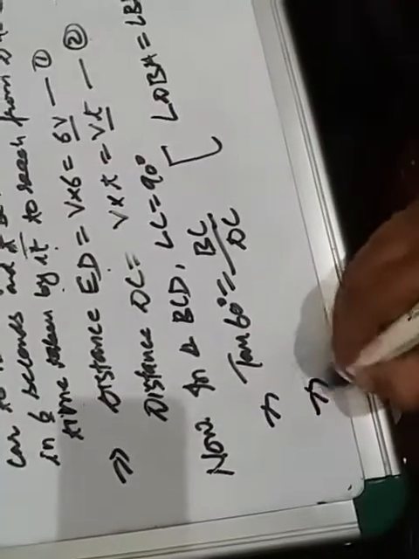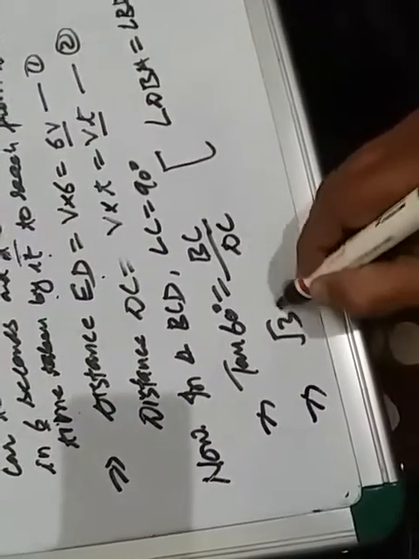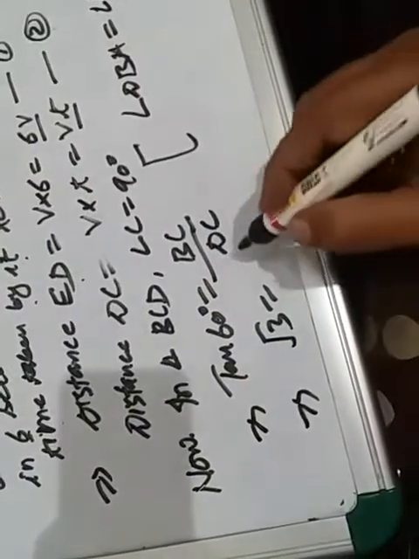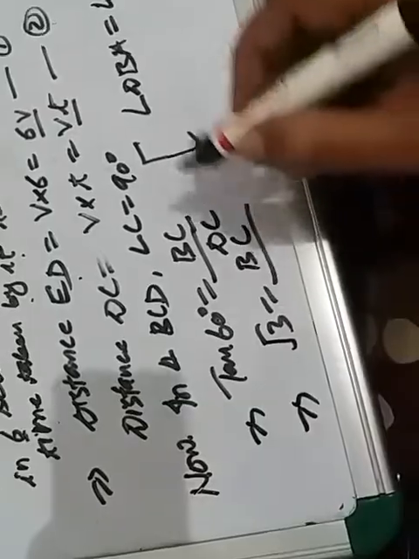This implies that tan 60 degree equal to root 3 equal to BC upon DC, and we have converted DC into VT. Clear children? This implies that root 3 equal to BC upon VT.